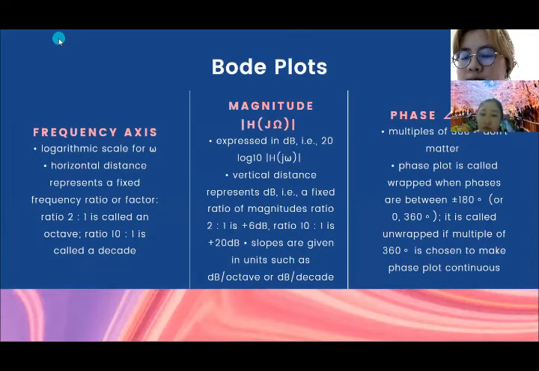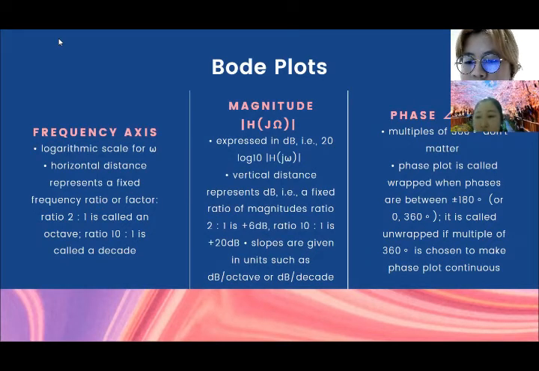Okay, there are three important elements in Bode plots. First is the frequency axis, second is magnitude, and the last is phase angle. The frequency axis is a logarithmic scale for omega. A horizontal distance represents a fixed frequency ratio or factor. A ratio of 2 to 1 is called an octave, and a ratio of 10 to 1 is called a decade.